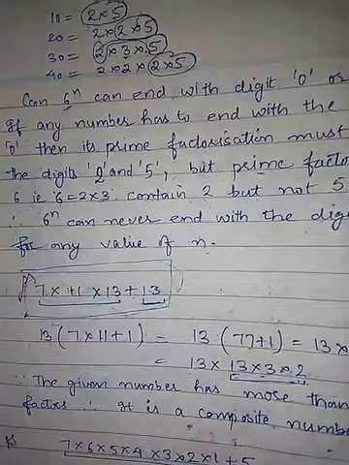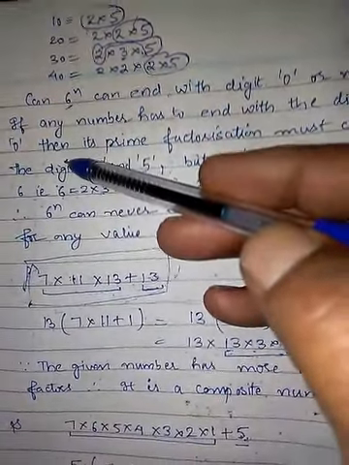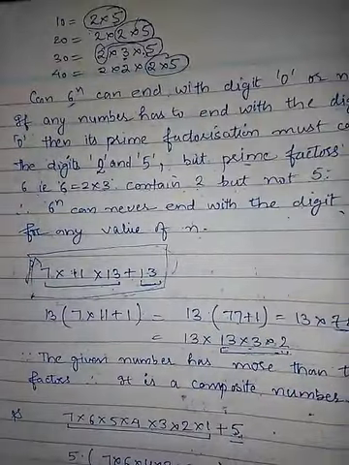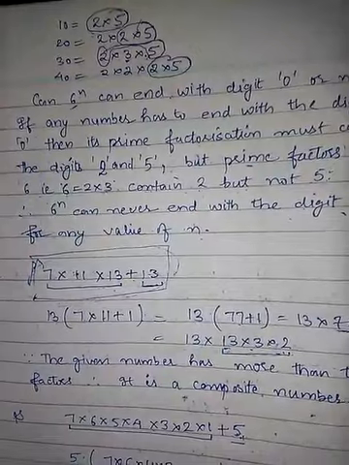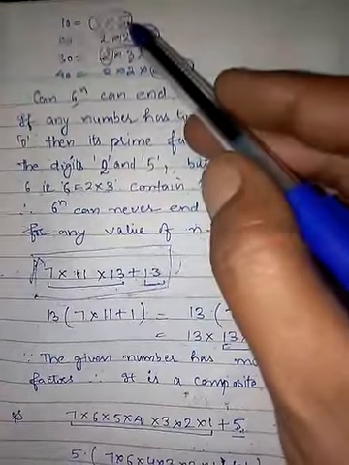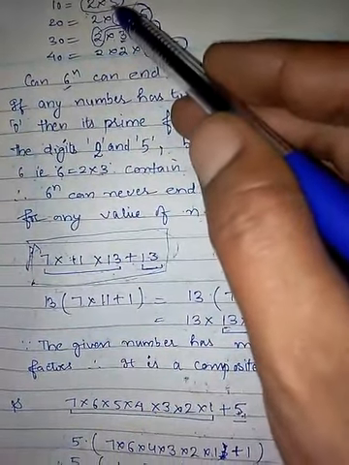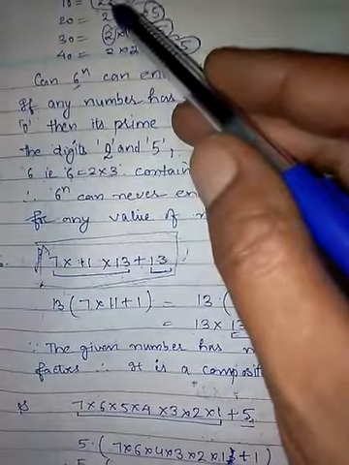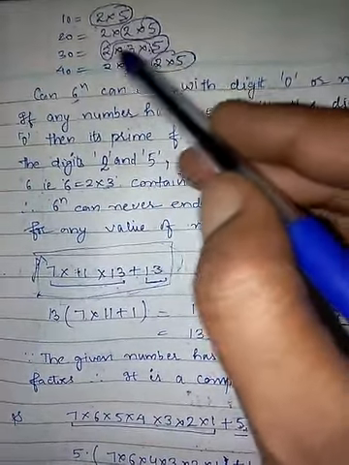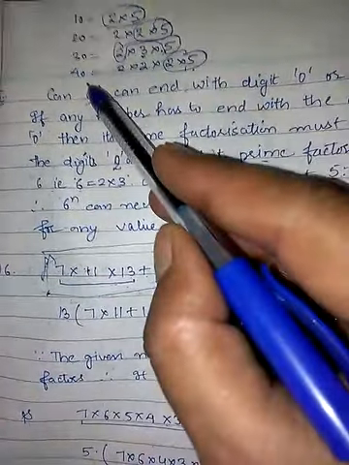You can keep on writing the other numbers also which end with 0. One thing you will always find common: the prime factorization of each and every number contains at least one pair of 2 and 5. At least one pair of 2 and 5 will be there. 2 5, 2 5, 2 5, then only the number can end with the digit 0.